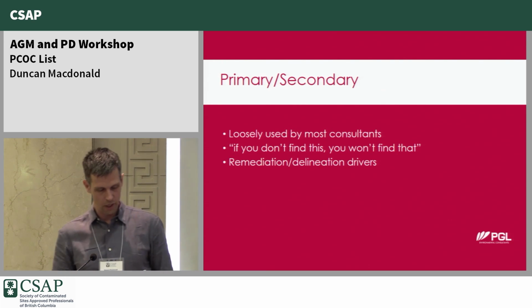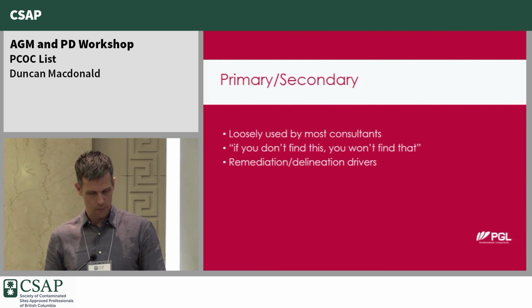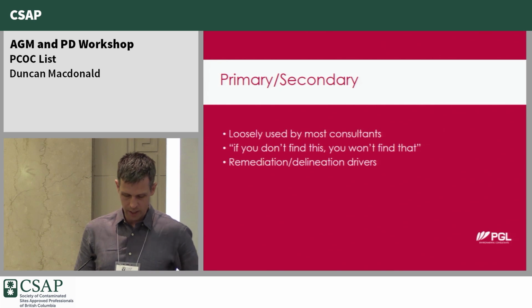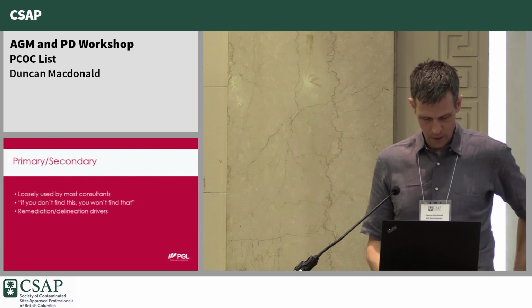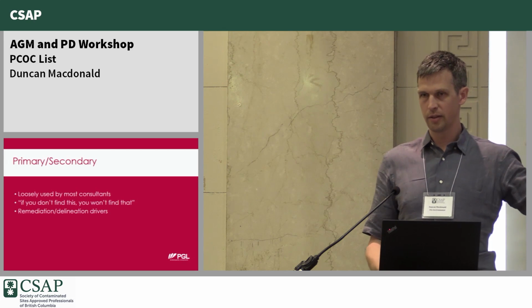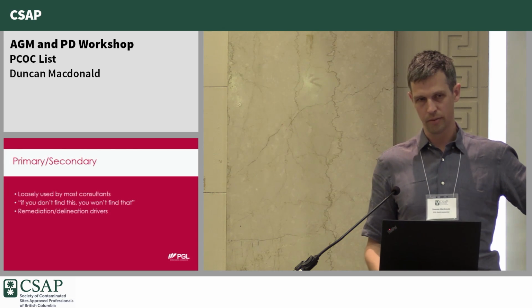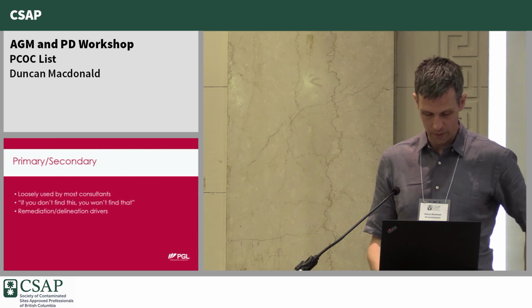So just a little bit more on the PCOC or the primary secondary topic, because it is something that's broadly used by many consultants in slightly different ways. The broader definition is that if you don't find this regulated parameter, you're unlikely to find these other regulated parameters.